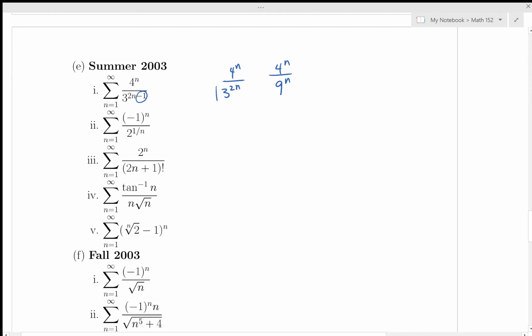So it's important to see that that is 9 to the n. Then I can compare to that and use a limit comparison test with the infinite series of (4/9) to the n, because I know that converges because it's geometric.